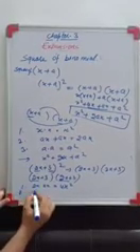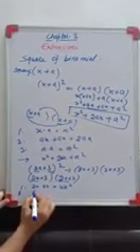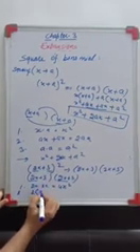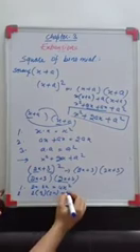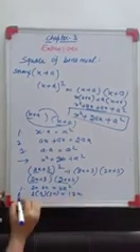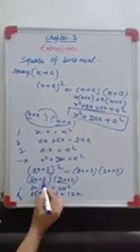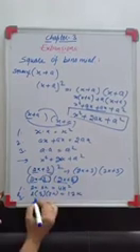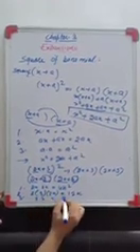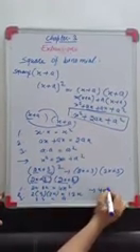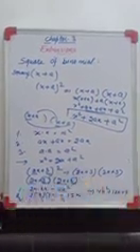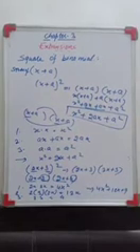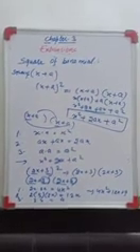Second step is what? Twice of a. A is over here. 3 into 2x. So it will become 12x. And third step is what? 3 into 3. It will become 9. So result will be 4x square plus 12x plus 9. So in this method you can calculate the square of any number.